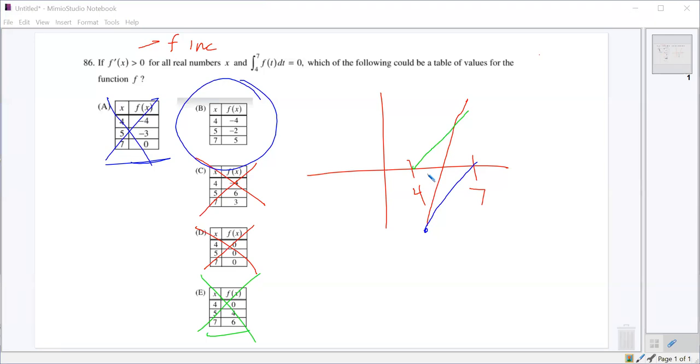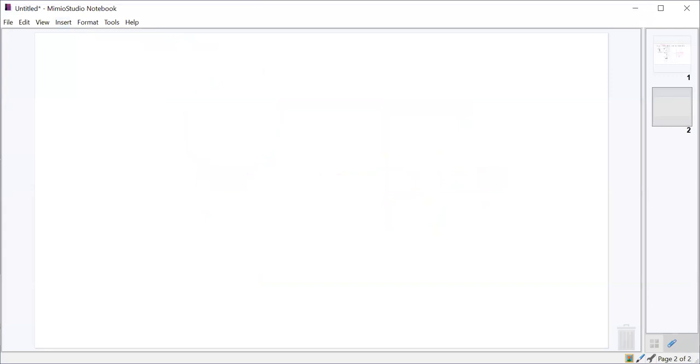Let's see. Next up, we're looking at the 2008 test. So let me go find that one. And number 45. Maybe. Man, my computer is having some issues today.